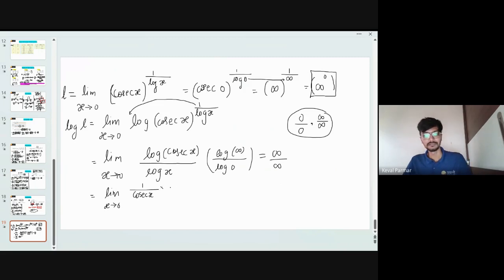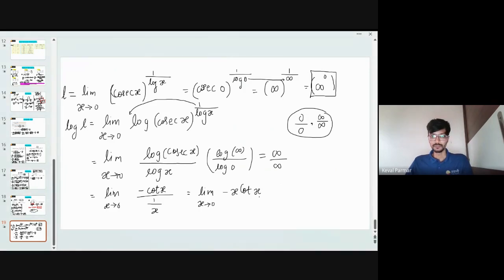So basically we will get minus cot x upon the derivative of log x, which is 1 upon x. If I simplify, limit x tends to 0, minus x into cot x. Now is this an indeterminate form?